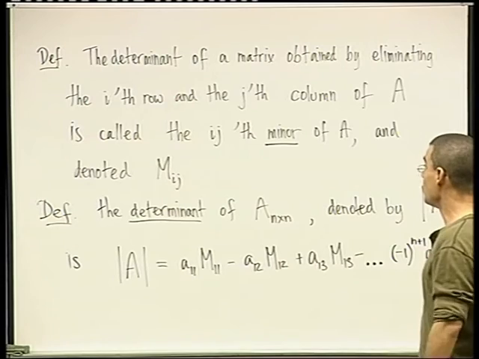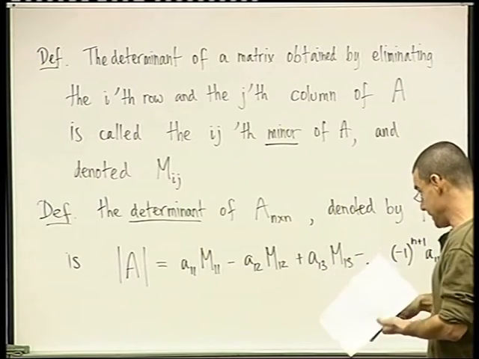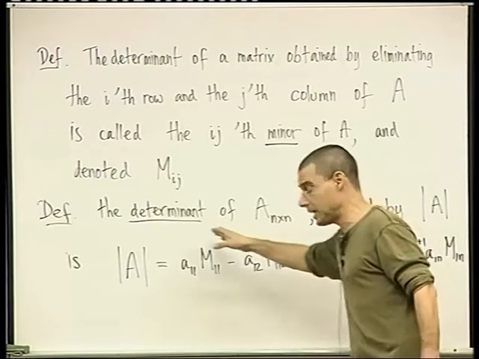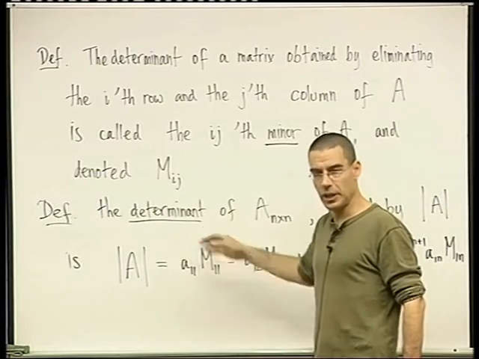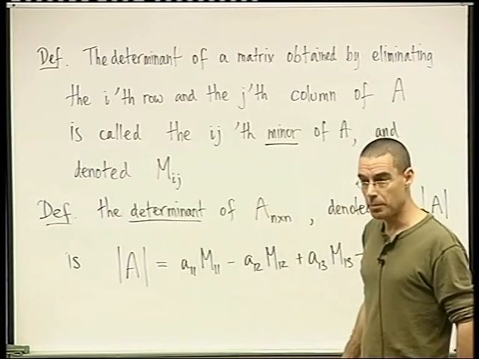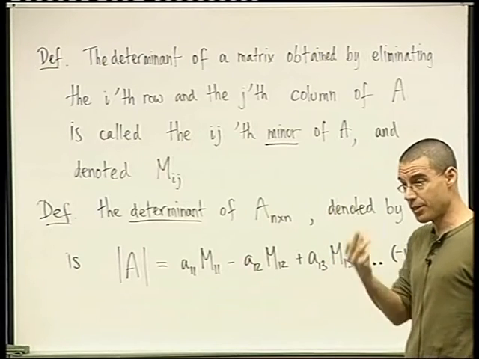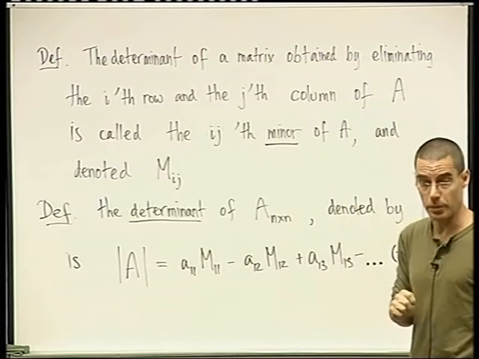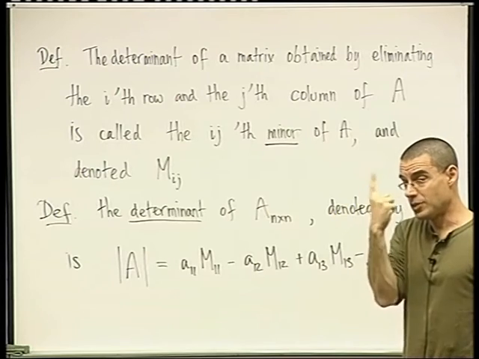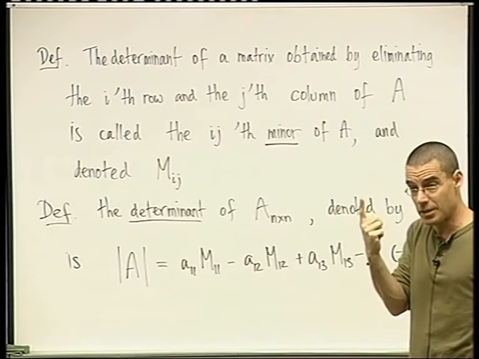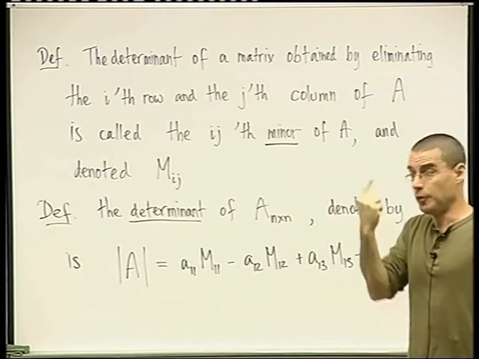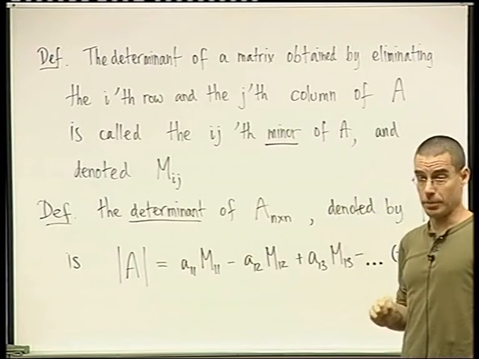Okay, so do you agree that calculating determinants involves a lot of calculations? Because even for a 3 by 3 determinant, we had to calculate 3 2 by 2 determinants. So if you want a single 4 by 4 determinant, it's going to involve 4 3 by 3 determinants.